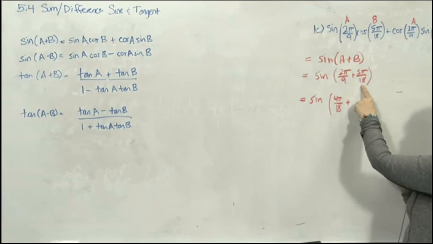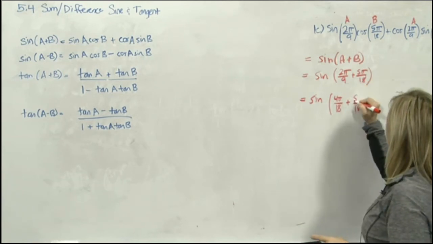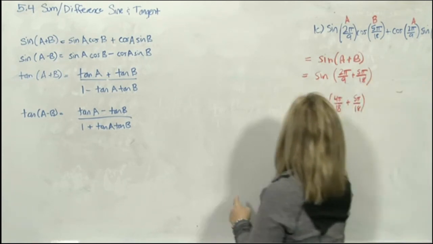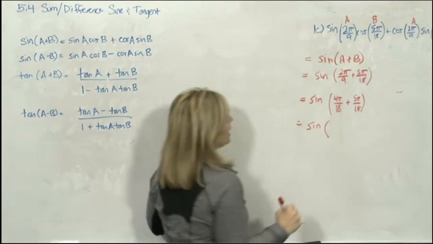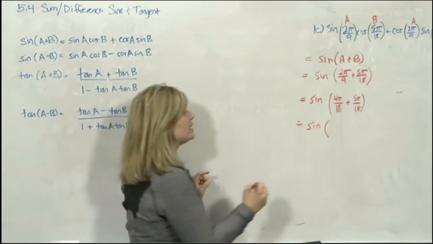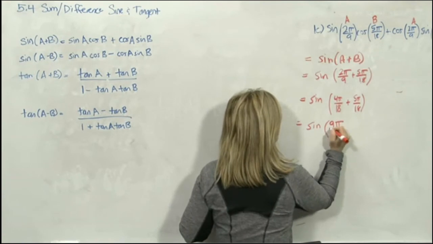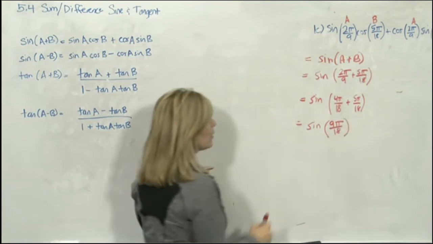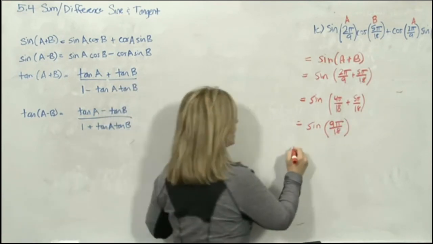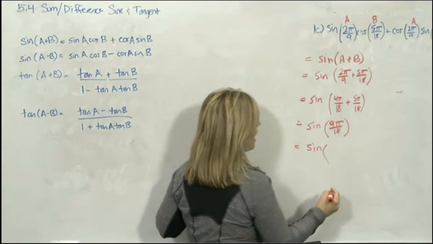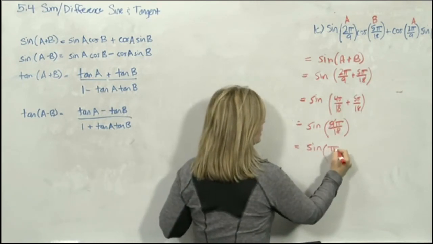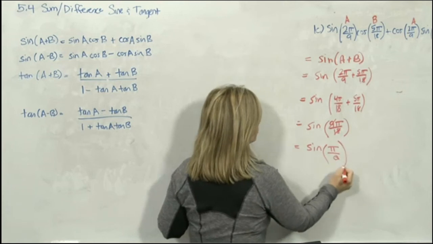This denominator is already 18, so I'm going to leave it alone. Now I can add 4 pi over 18 plus 5 pi over 18 would make 9 pi over 18. But what do we know that reduces to? That's right. 9 over 18 is 1/2. So the 9 would go away, and the 18 would become a 2.